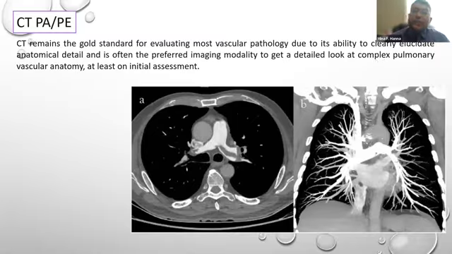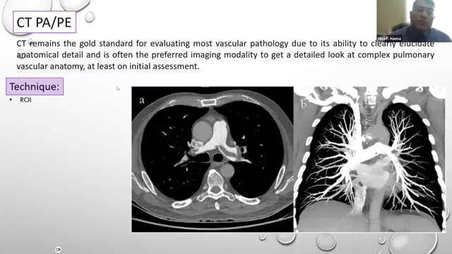It is often the preferred imaging modality for a detailed look at the complex pulmonary vascular anatomy, at least on initial assessment. So if the patient comes complaining of something and there is a need to assess the pulmonary artery, CT is a good tool to prove or exclude any suspicion for the clinician for the later step.